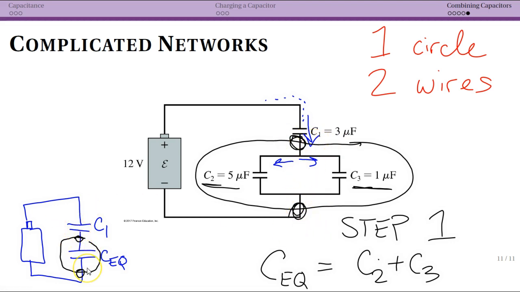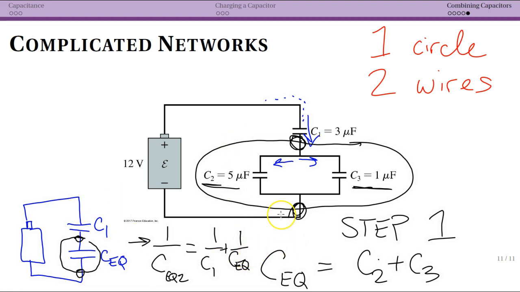Now we have two capacitors in series, and you know how to simplify that down into a new equivalent capacitor. And remember, I'm going to call that equivalent 2, that's going to go as 1 over C1 plus 1 over C equivalent, because those are in series, and that was the equation for series.